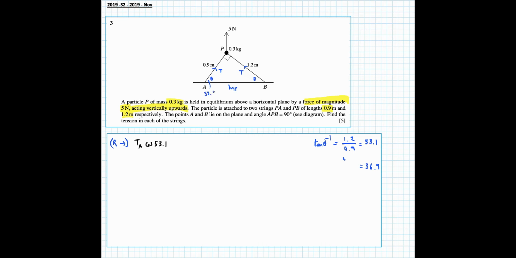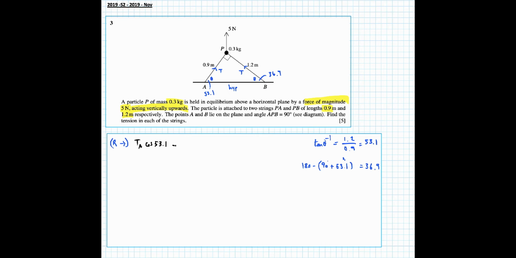So of course, knowing that we have a triangle, you've got your 53.1 degrees, you've got your 90 degrees, and of course, subtract them from 180 to find what we said. So 36.9.